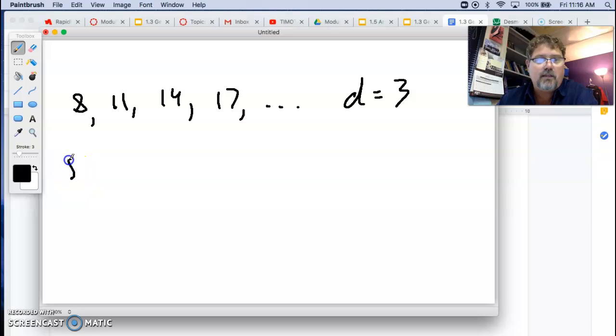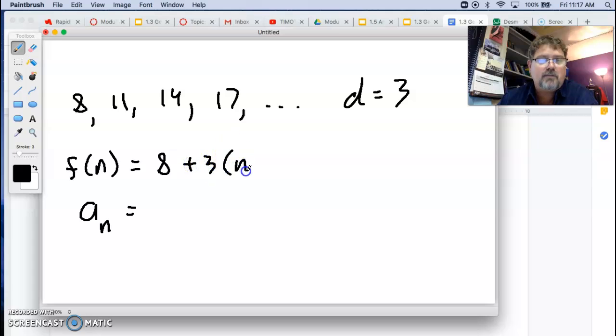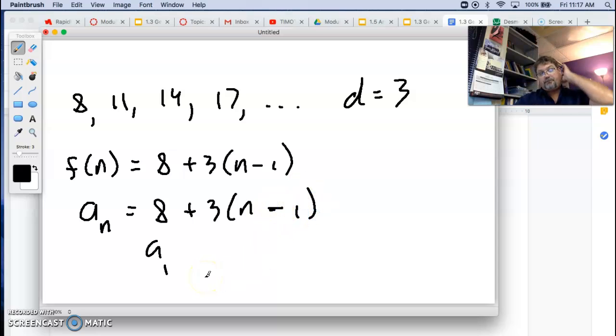All right, normally I would have written f of n equals. Now I'm going to write a sub n equals, right? F of 1 is 8 plus d times n minus 1. Guess what? The same thing, because that's a sub 1 plus 3 times n minus 1. That's simple. Okay? So the only difference is they're using a with subscripts instead of f.